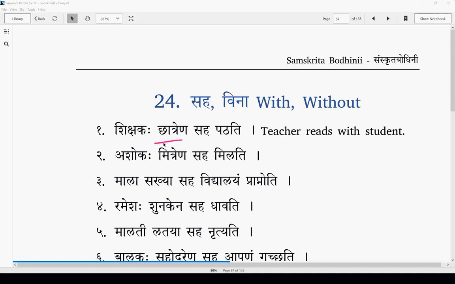So Chatrena is in Tritiya Vibhakti. Is Chatra an instrument? Sakhya saha vidyalayam prapnoti. With her friend, she reaches the school. So here, friend is in Tritiya Vibhakti, Sakhya.